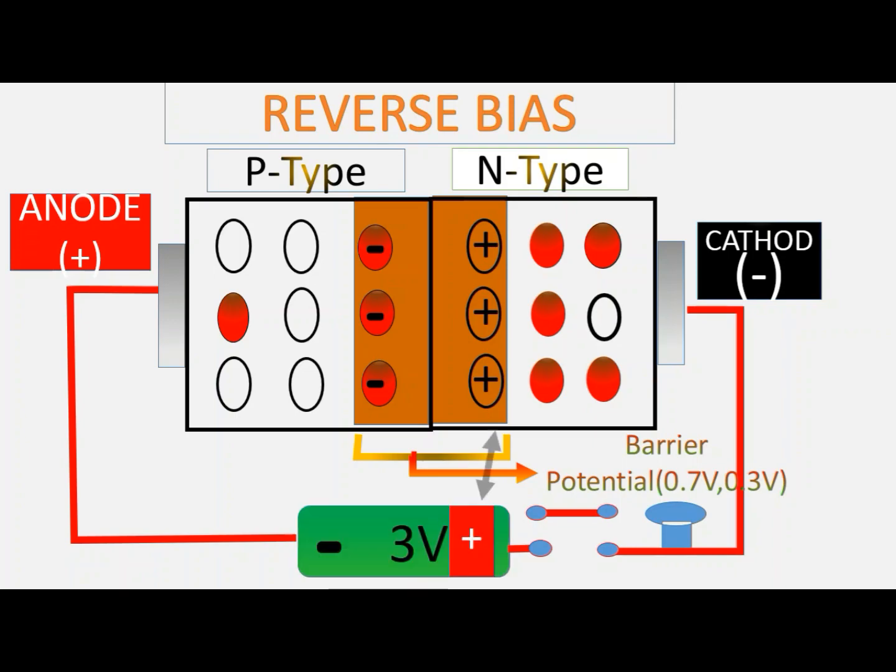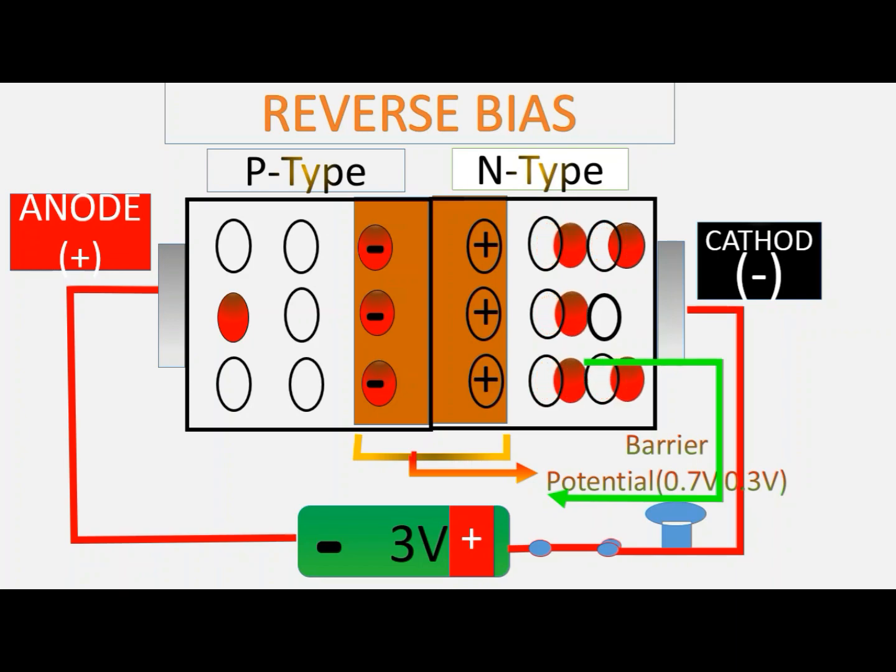Reverse bias. When N-type is connected to the positive terminal and P-type is connected to the negative terminal, the junction is called reverse bias. Here the polarity of the source voltage and barrier potential is the same. As N-type is connected to the positive terminal, electrons are attracted by the source. When switched on, electrons move towards the positive terminal of the source and create positive impurity ions inside the layer.